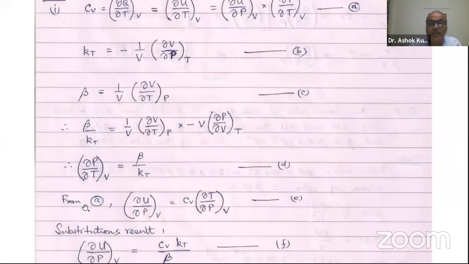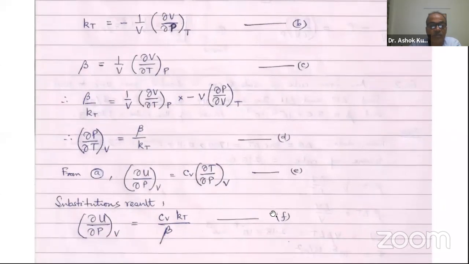Now from A, del U upon del T at constant volume is Cv, times del T upon del P, already done. If we substitute these values, we get del U upon del P at constant volume. For this, we put in the previous relation, and therefore it is Cv Kt by beta. So that is how we prove it.